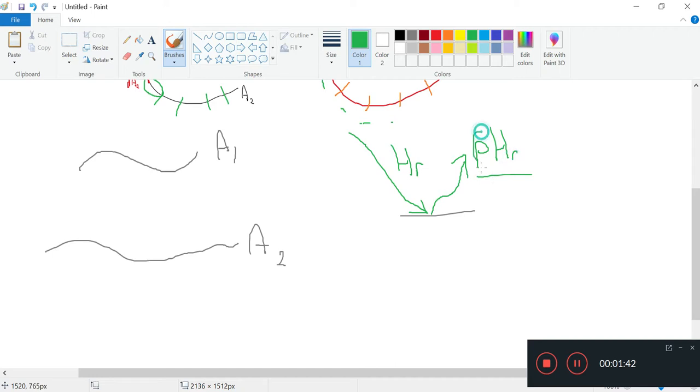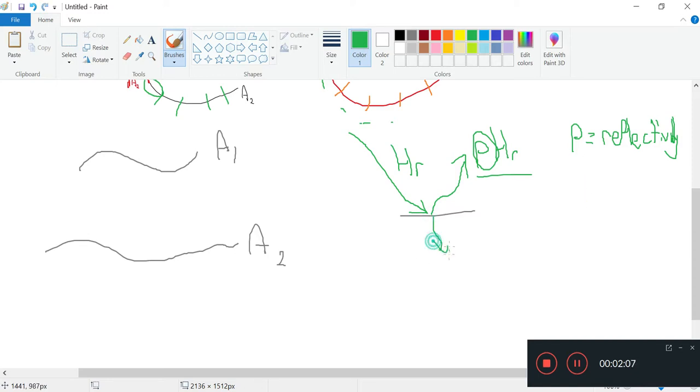And what is this rho here? This rho is the reflectivity. The reflectivity is the fraction of radiation that is reflected off the surface, and the rest of it is of course absorbed, the absorptivity.